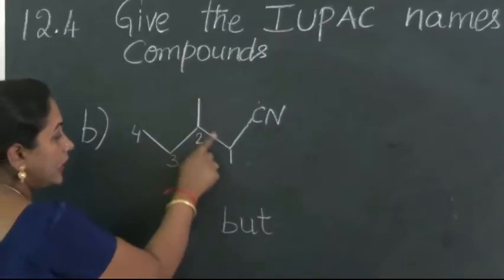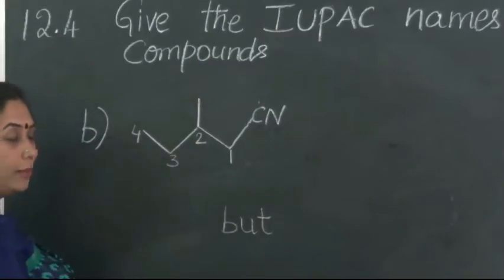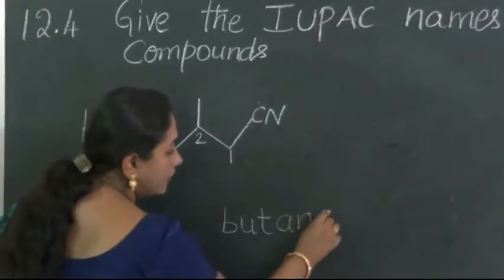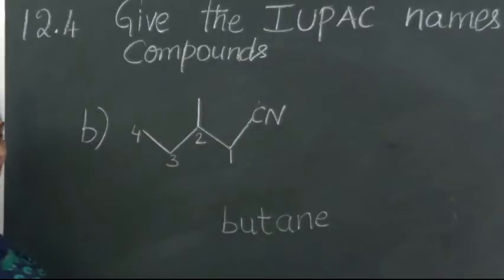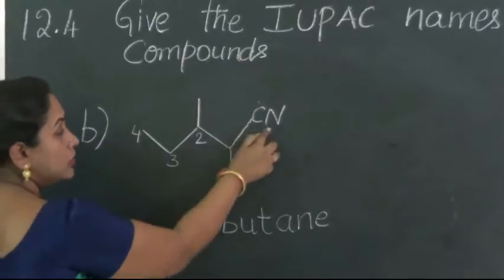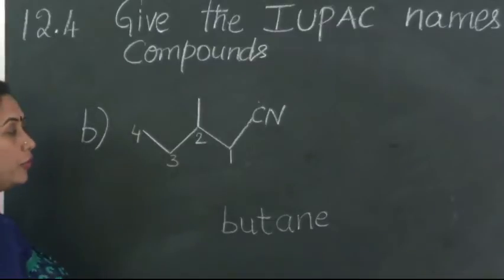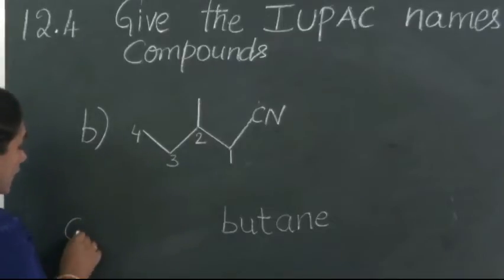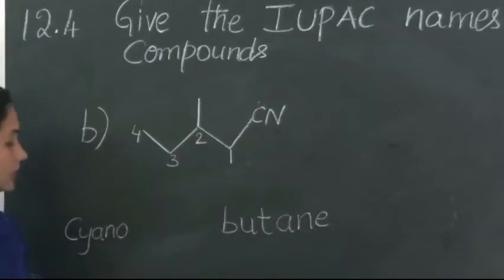And because this is again a saturated hydrocarbon, the suffix to be used is ane. What else do we see? We see the presence of a methyl group, and we also have the presence of a cyano group. So C comes first in the order. So therefore I should write the cyano here in the front. This would be the first prefix.